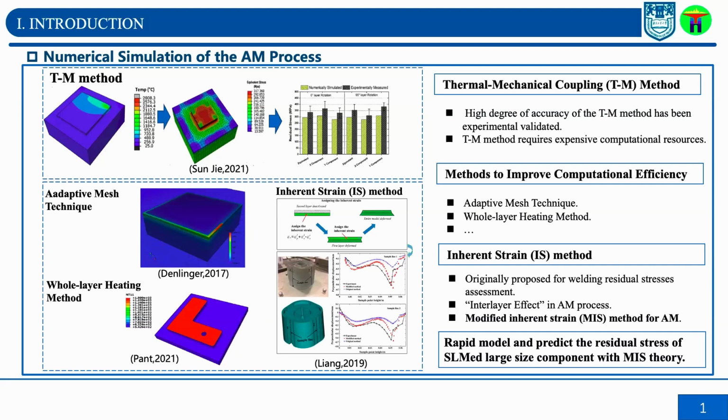And so some researchers introduce the inherent strain method to the simulation of the AM process. But this method was originally proposed for the welding process. Different from the welding process, the AM process has an interplay effect.